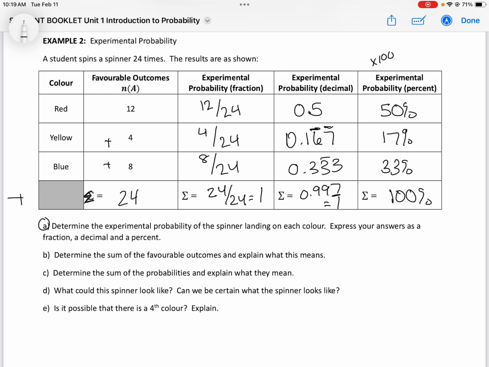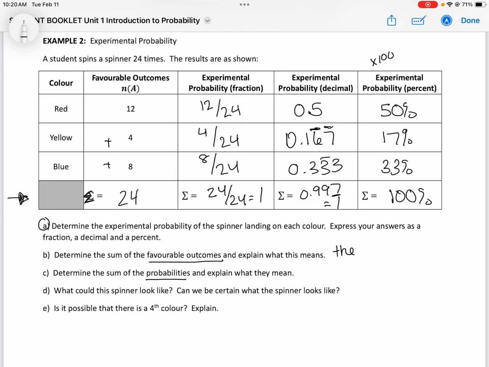Okay, the sums were all in this final row. Okay, the sum of the favorable outcomes, and explain what this means. And then we're going to determine the sum of the probabilities and explain what that means.